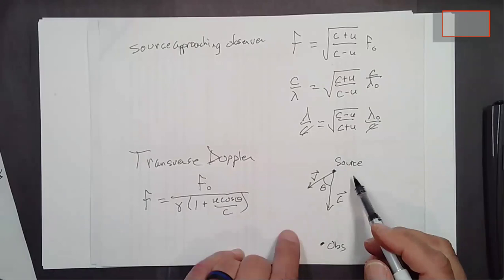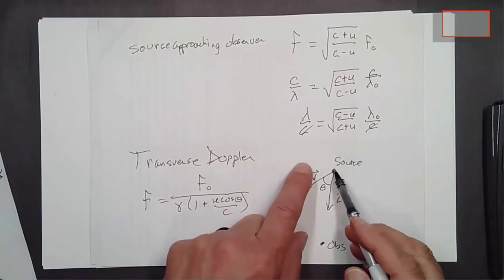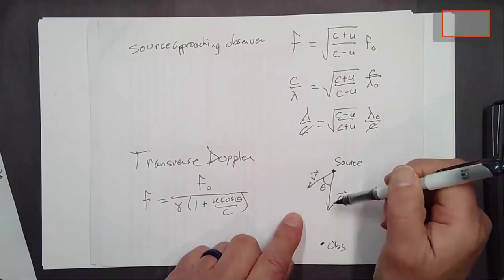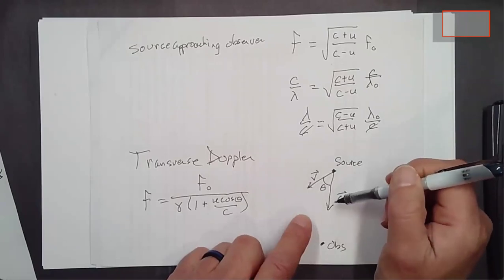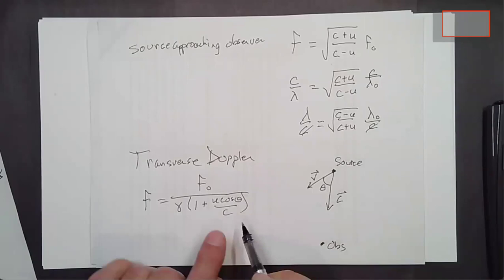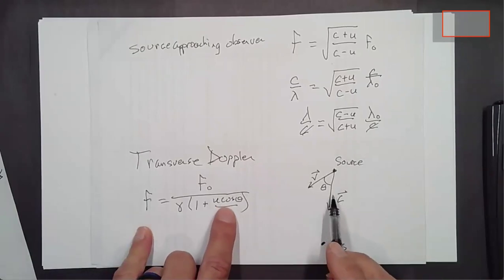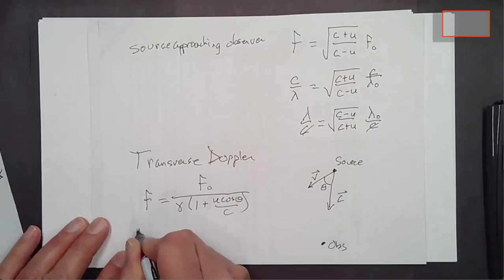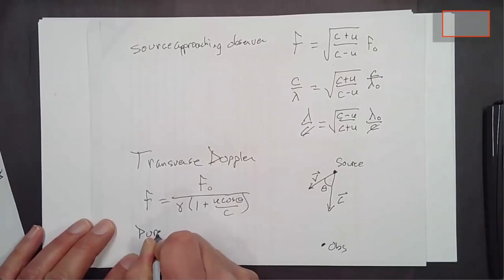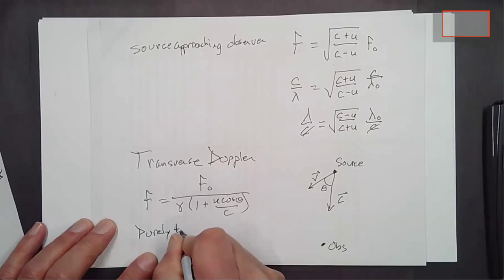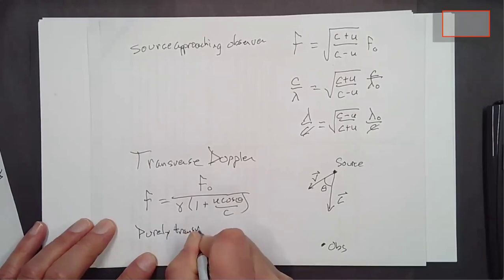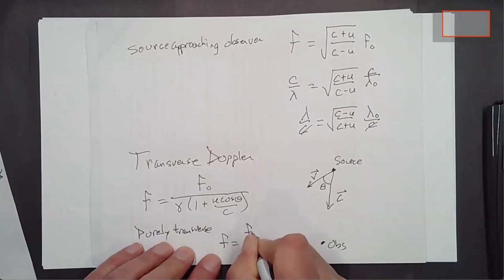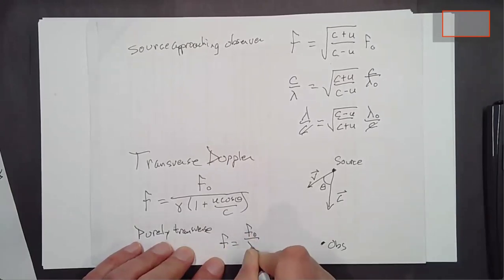Now, if all you have is transverse motion, like if it's only moving sideways and doesn't have any motion toward you, then that cosine theta is going to be the cosine of 90 degrees, which is 0. And for purely transverse motion, you end up with the frequency just equaling f naught divided by gamma.